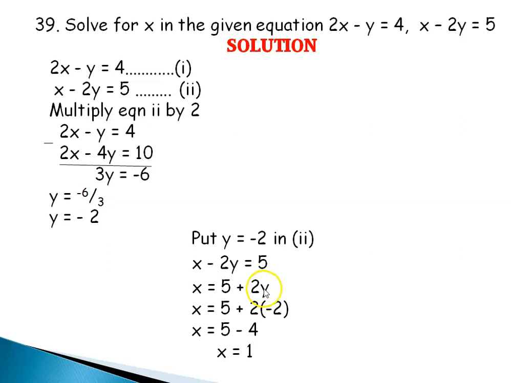So in place of y, I'm going to put my minus 2. x is equal to 5 plus 2 brackets minus 2. So 5, this will become minus, because plus 2 multiplied by minus 2 will be minus 4. 5 minus 4. So x is equal to 1. This is the value of x. x is equal to 1.